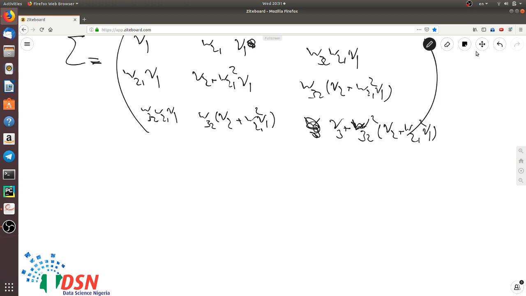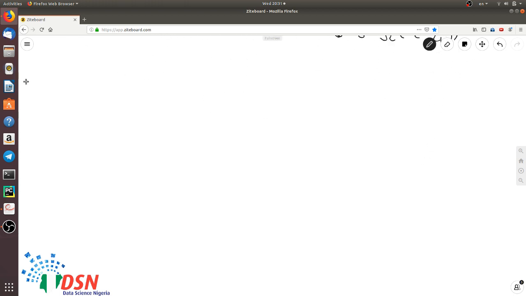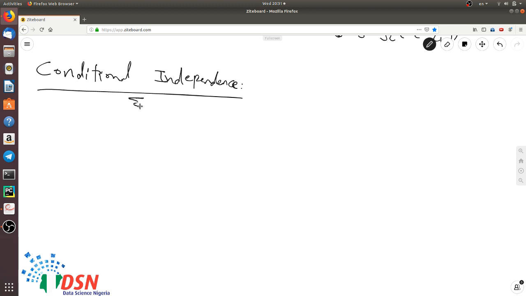Okay, now we want to talk about conditional independence. Independence and conditional independence is an important concept in probability theory.